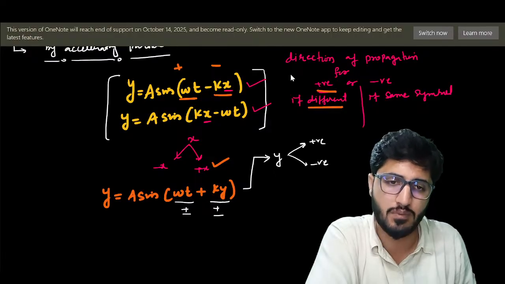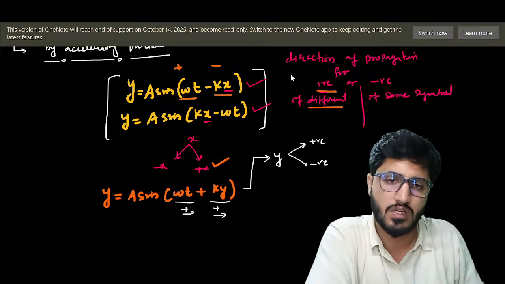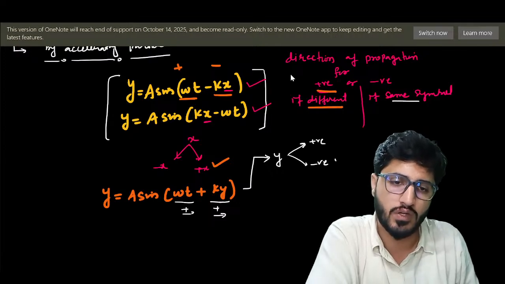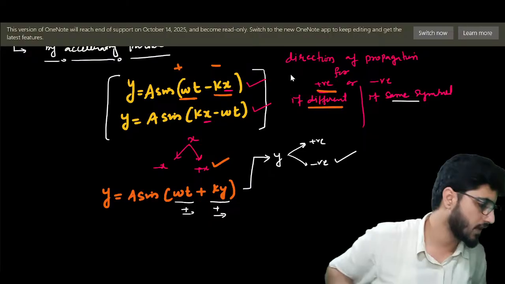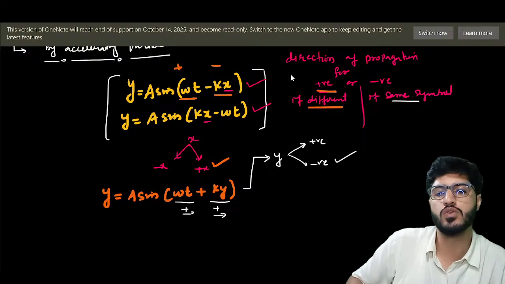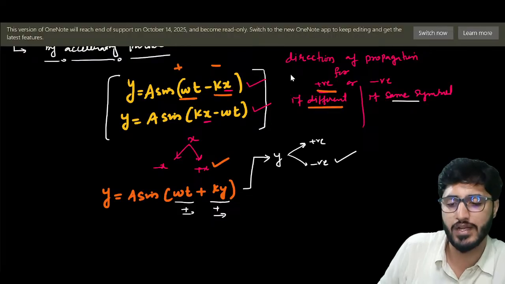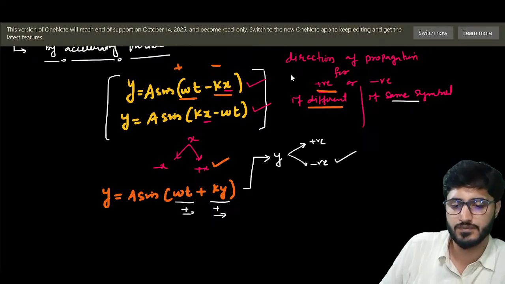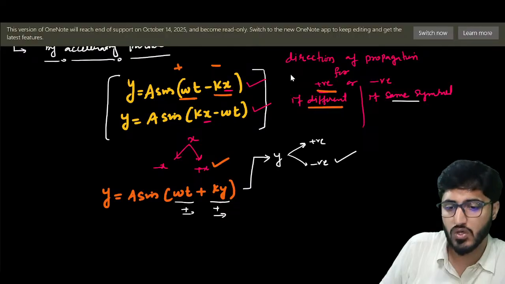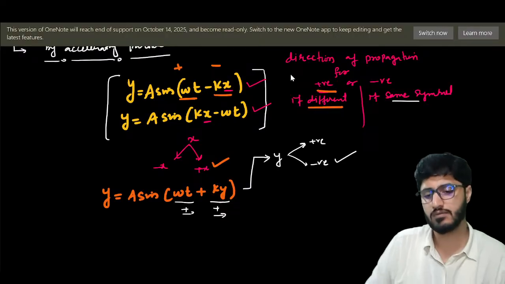Positive means same. So if the signs are the same, it will go towards the negative axis. This propagation is towards the negative y.